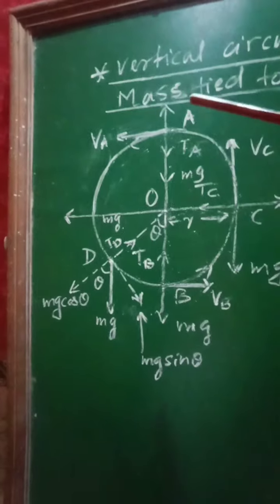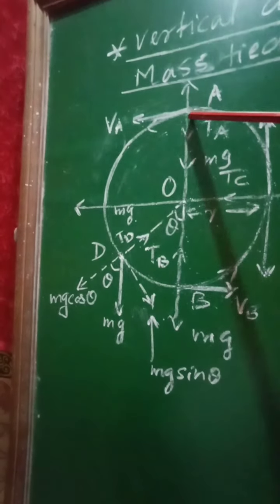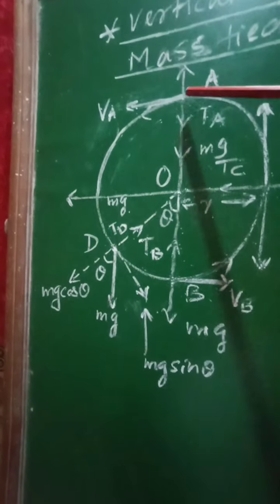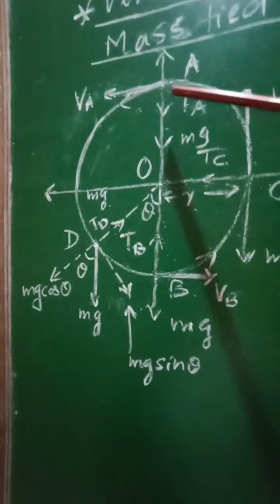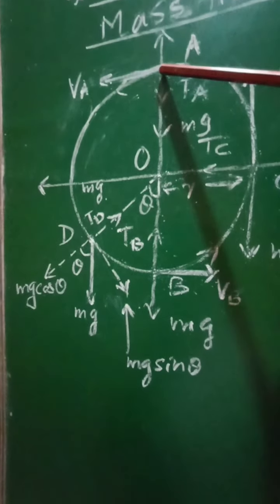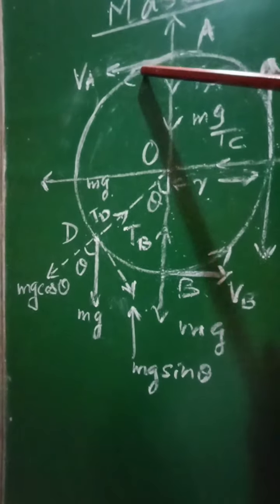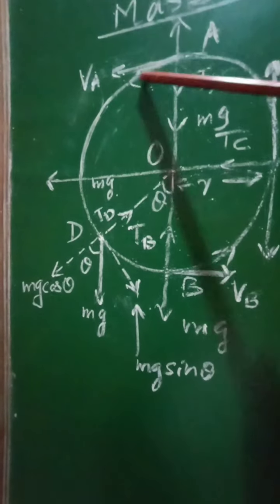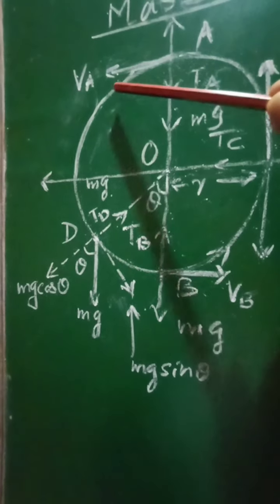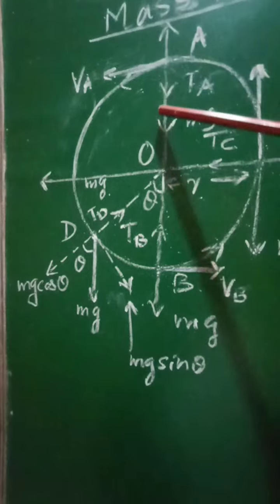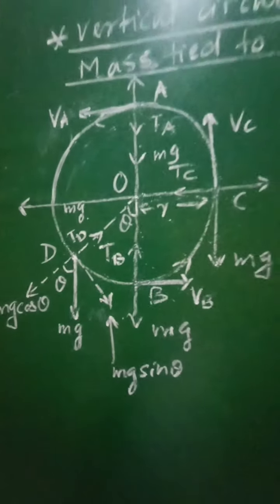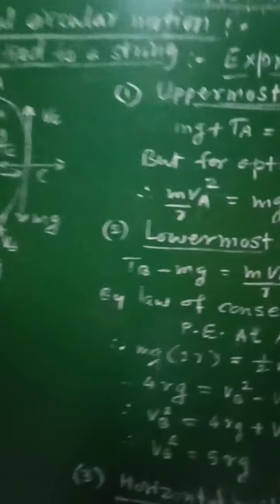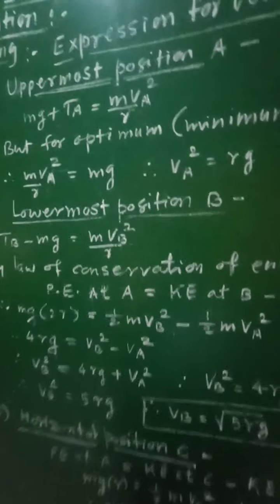That is, tension in the string at this position A will become equal to 0, because when that bob is at position A, afterwards it will come down. So in order to come down towards the bottom, the string will become slack or loose, and hence tension in it will be considered as 0.